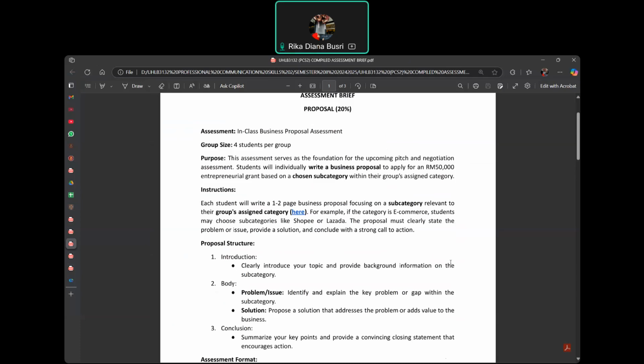Okay, so this is the situation for your proposal writing. You come to class, I give you the answer sheet. You write the answer sheet manually using your pen, which is held by your fingers, without any assistance of any sort of AI or your gadget or your tablet or your laptop or internet.